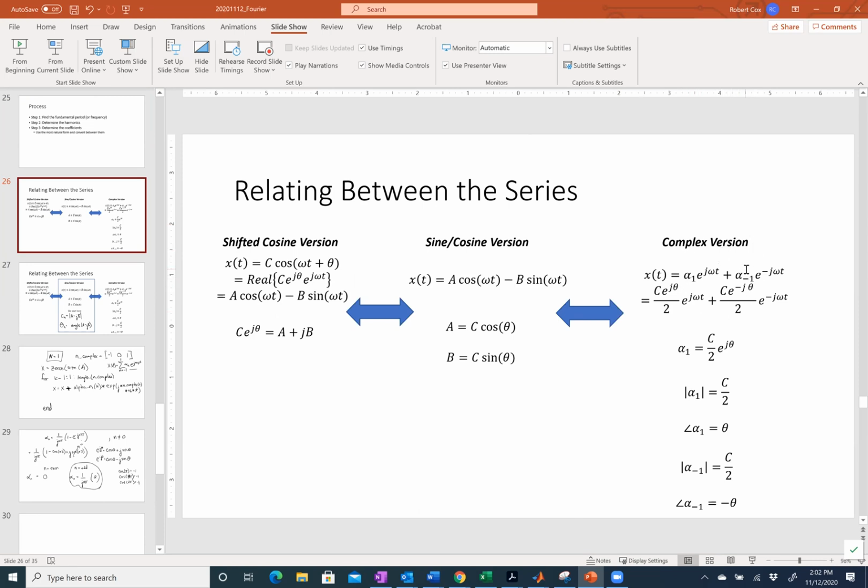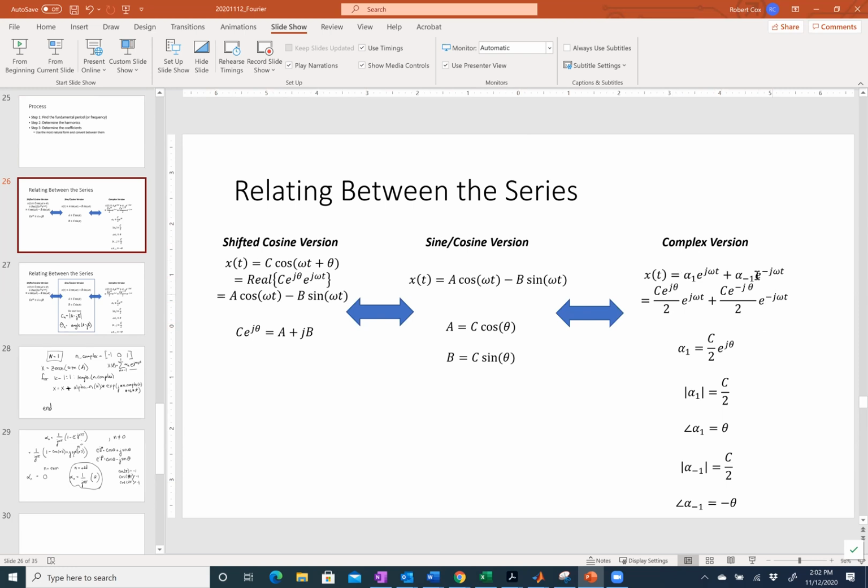I would never expect you to run through the An, the Bn, and the Cn values, except to say that once you have the complex ones, you can very easily get back and forth between the others. So I said, if I have the complex, I can always get to the other versions.